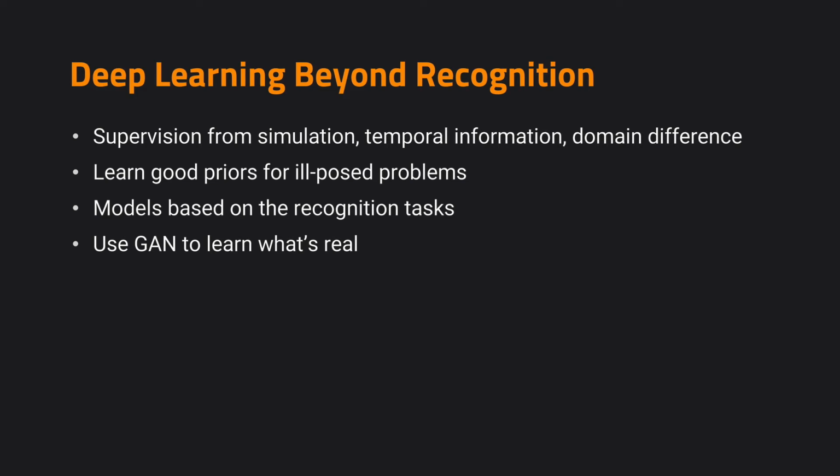We can use convolutional networks to learn a very good mapping from a large amount of data for problems like depth estimation. And for low-level vision tasks like correspondence and style transfer, we can actually use a lot of the networks and models we designed for recognition tasks. In addition, we can use GAN to learn what is real.